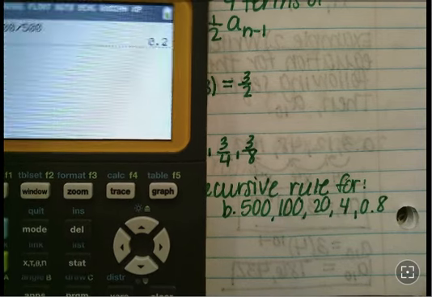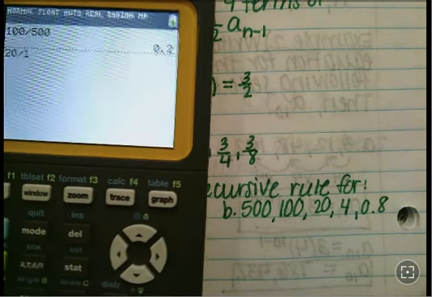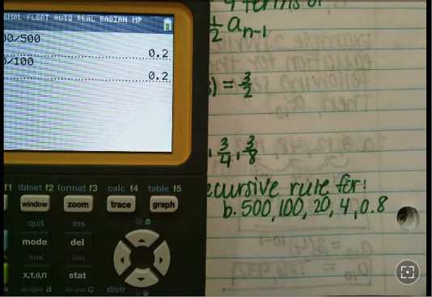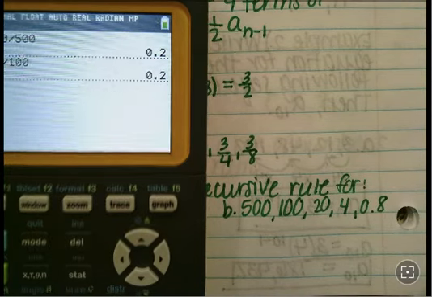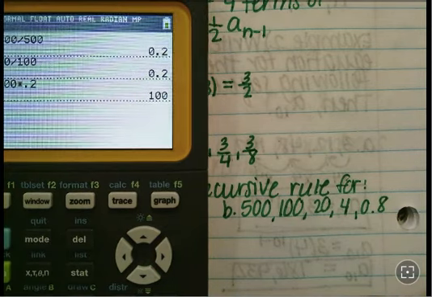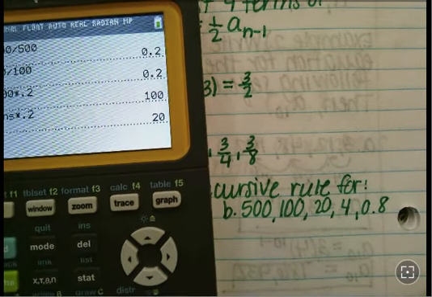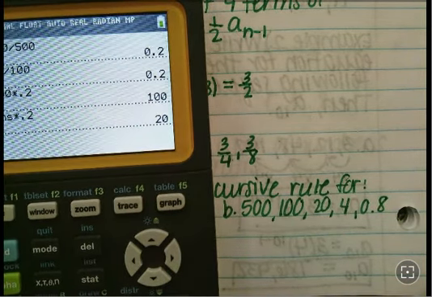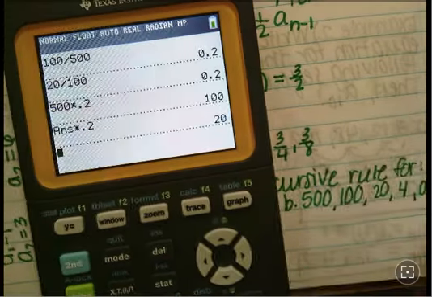Would that be the same if we did 20 divided by 100 and got 0.2? So that means if we go forward, 500 times 0.2 is 100, times 0.2 is 20. So you can work backwards to find your ratio, okay?